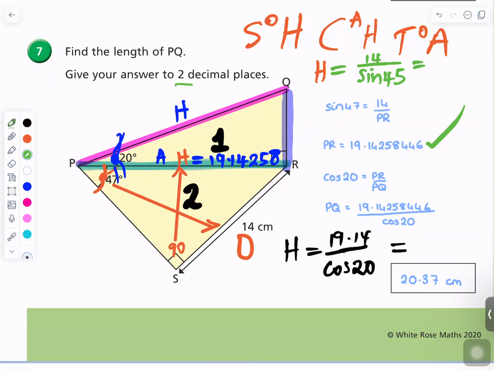The answer to 2 decimal places. So that's why we don't round it in the beginning, we only round it at the end. 20.37. Perfect. Fantastic. So that's the answer to 2 decimal places.